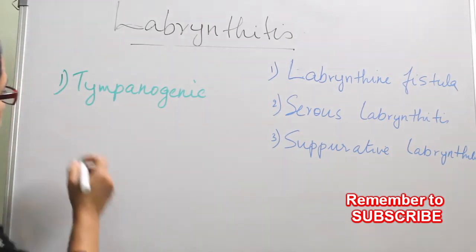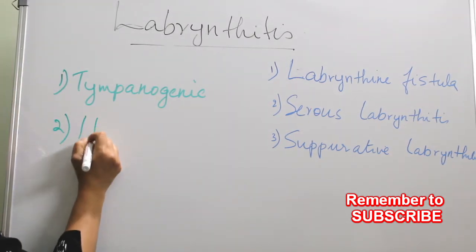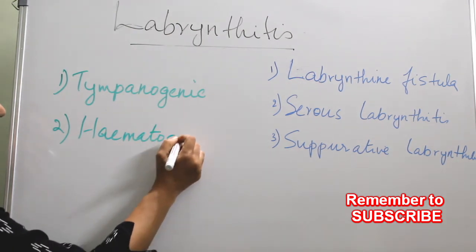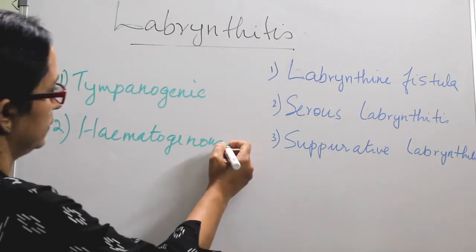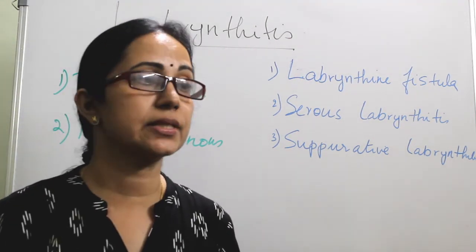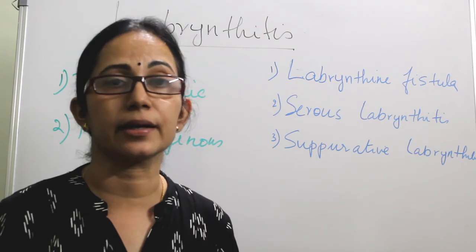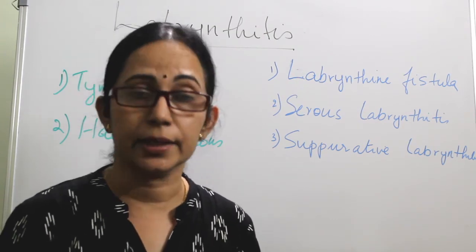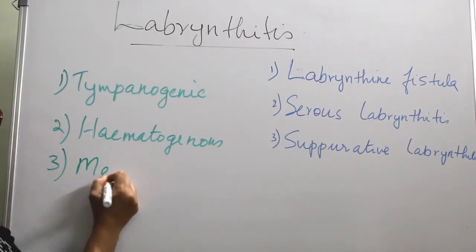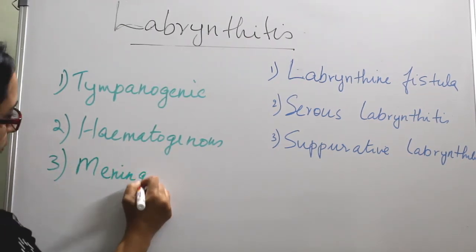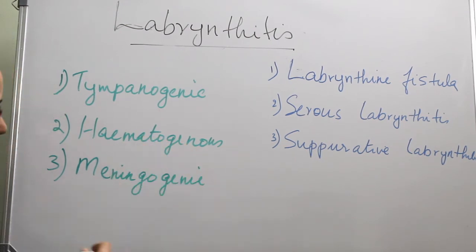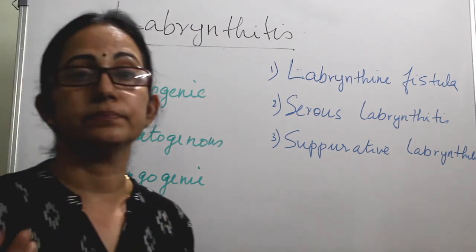Or it can be hematogenous. Hematogenous is through the bloodstream, the infection coming from adjacent areas like an encephalitis, meningitis, or a temporal lobe abscess. Third, it can be meningogenic, that is from meningitis.